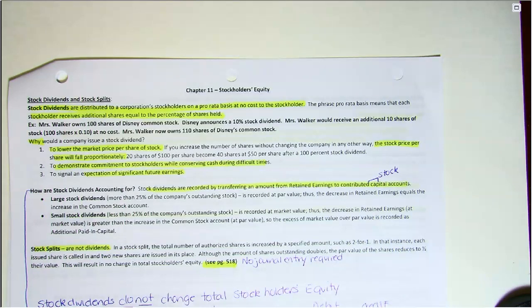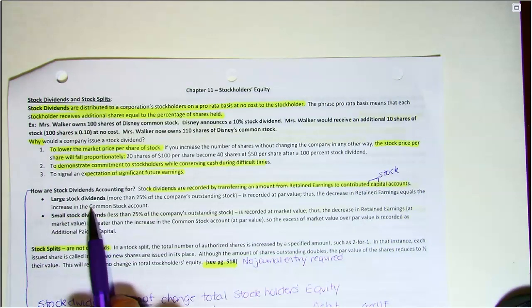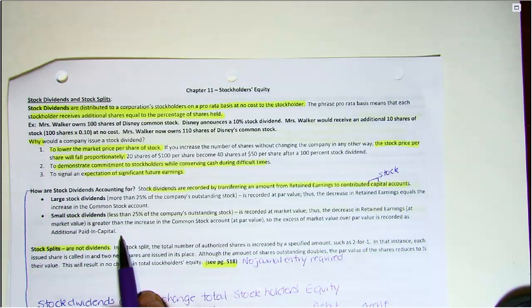And when your trading volume drops, that's a bad signal to Wall Street. So they may want to lower the market price of their shares of stock. A large stock dividend will do that, which means more than 25% dividend. 25% or lower is considered a small dividend, and that doesn't have as great an impact on the market price.